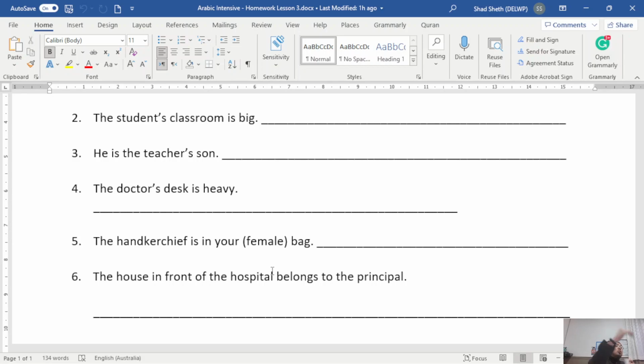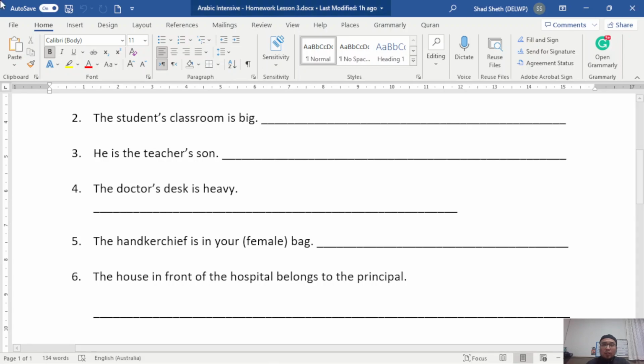So you want to say huwa, and then you want to say "his", right? Hu or hi, depending on the last harakah before it. And then if you want to say "her", you will say ha. Remember the table? I think you're getting confused.